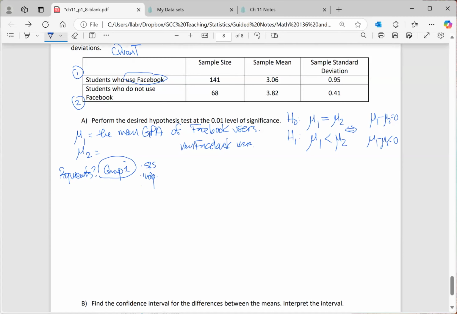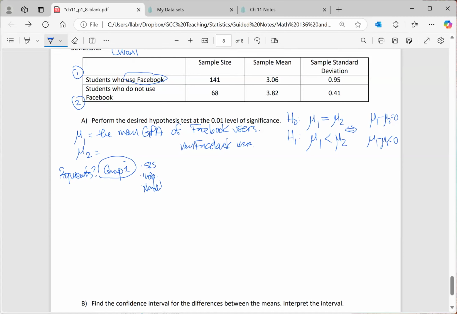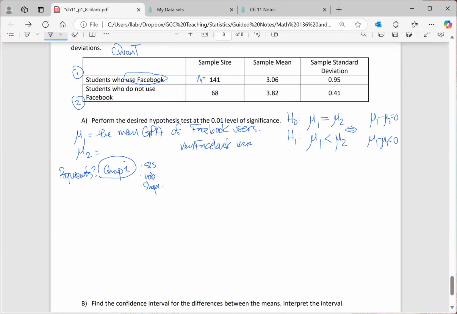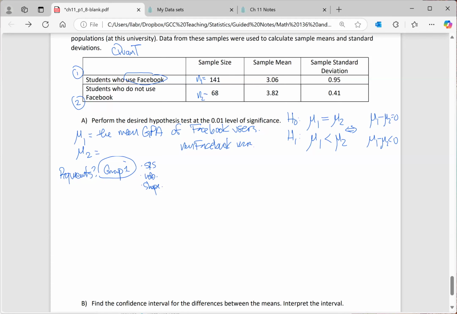And then finally, the normality condition. Well, we don't know if that's satisfied, but luckily we don't need to because the sample sizes take care of that. So n1 is 141 and n2 is 68. So in both of these cases, we have a big enough sample for group 1 and for group 2.